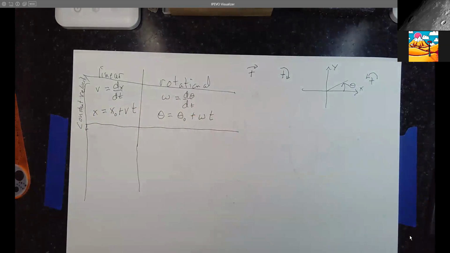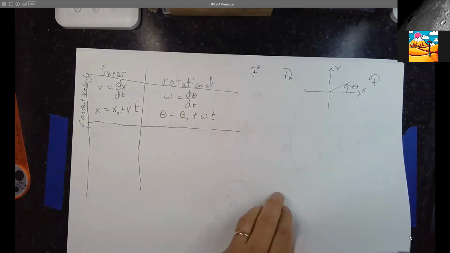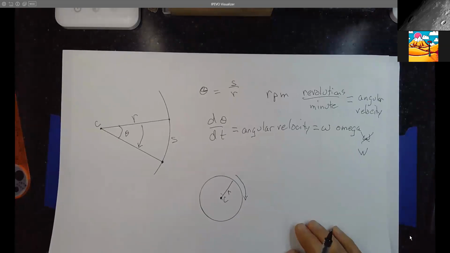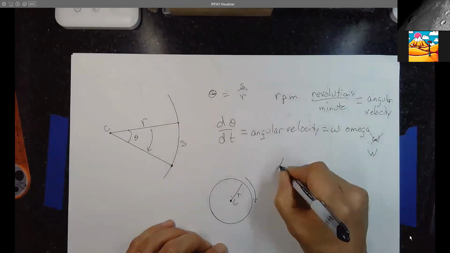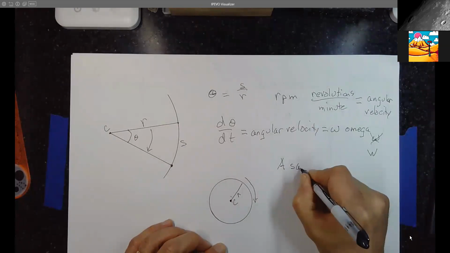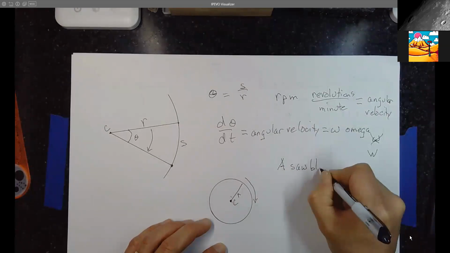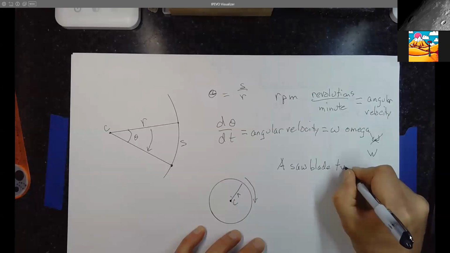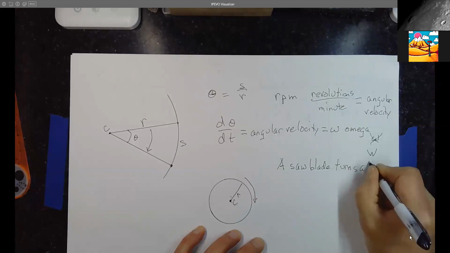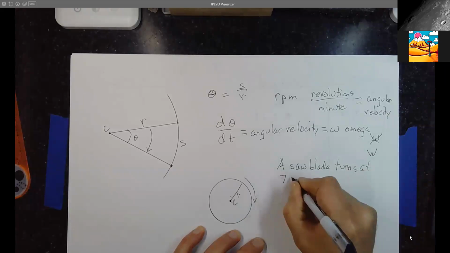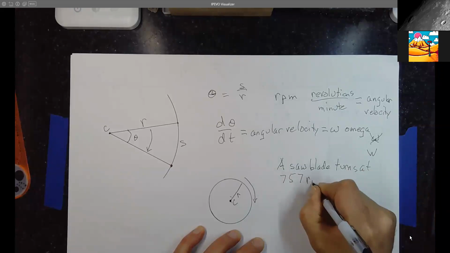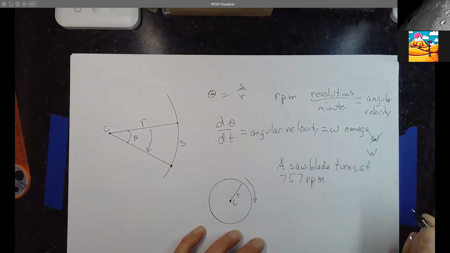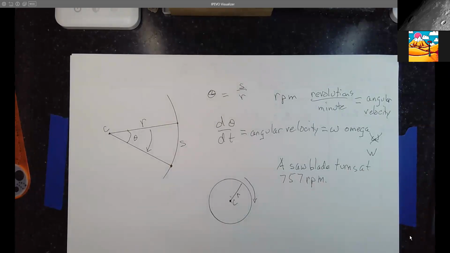You could imagine, actually, we could just make up a real quick problem for that. A saw blade turns at 757 RPM. That's revolutions per minute.